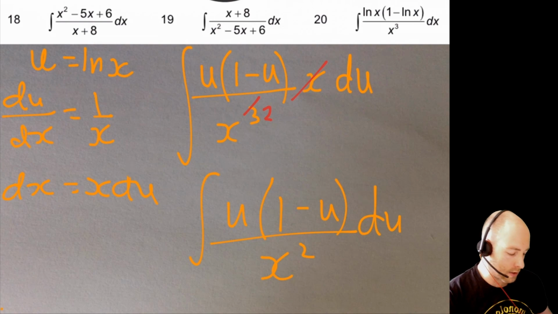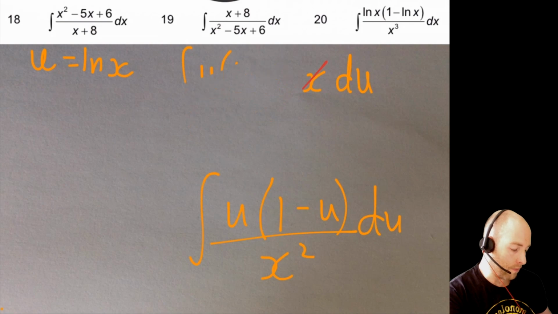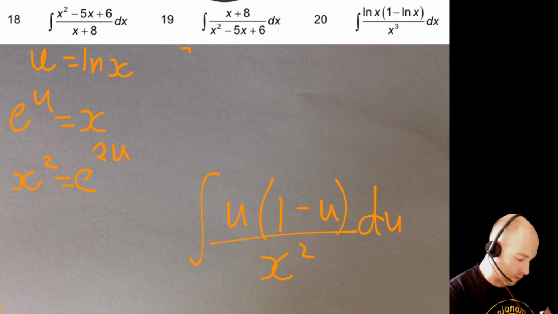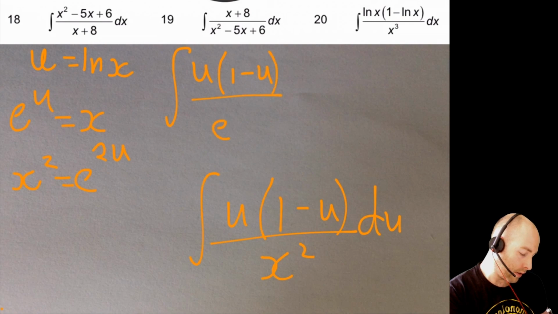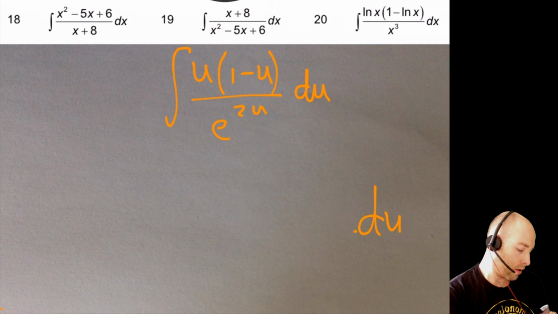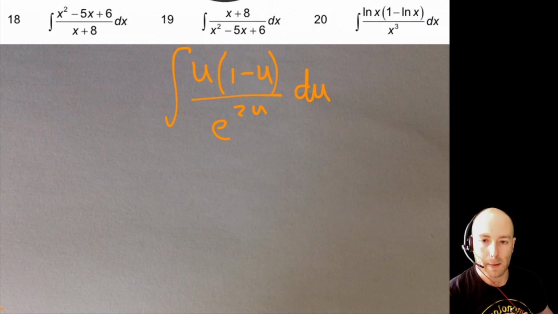All right, we need to change that x squared on the bottom into a function of u. So to do that, I'm going to e both sides. So e to the u equals x. x squared is e to the 2u. So the integral is going to become u(1 minus u) over e to the 2u du. Cool.